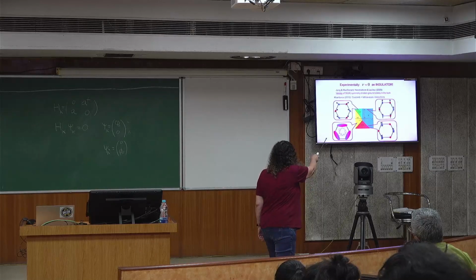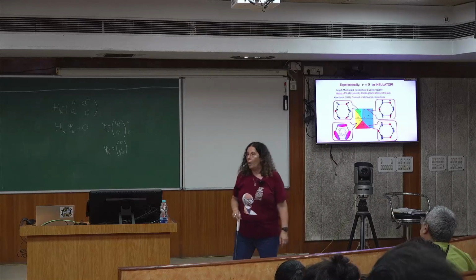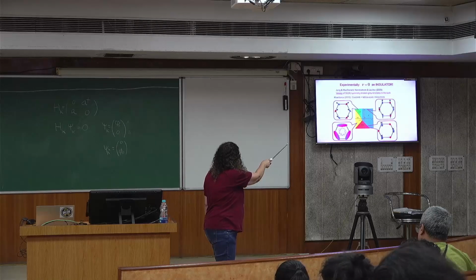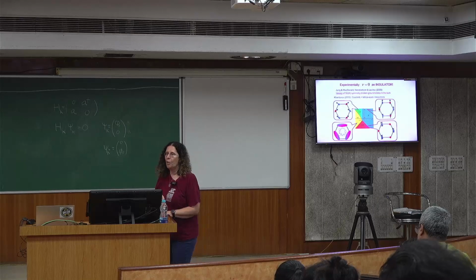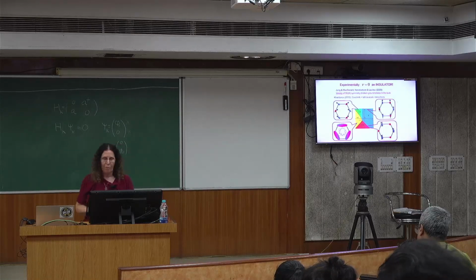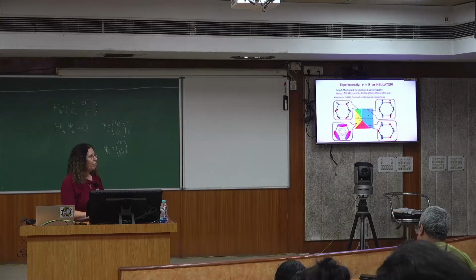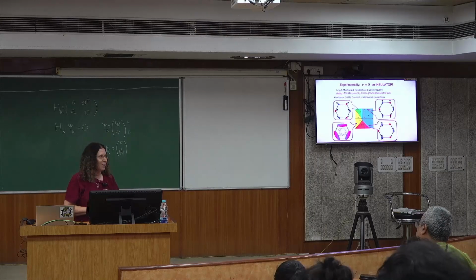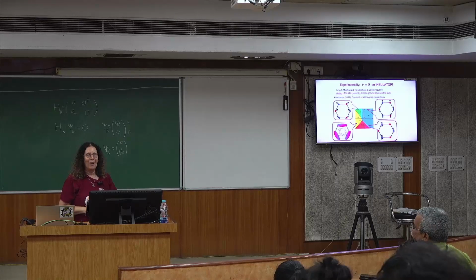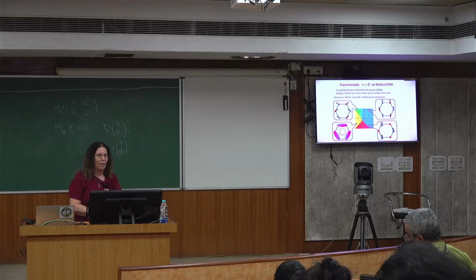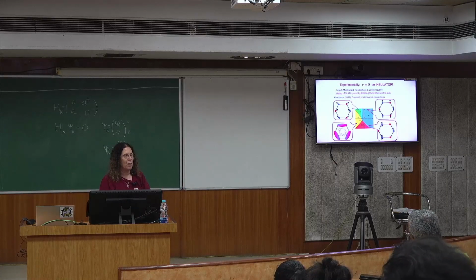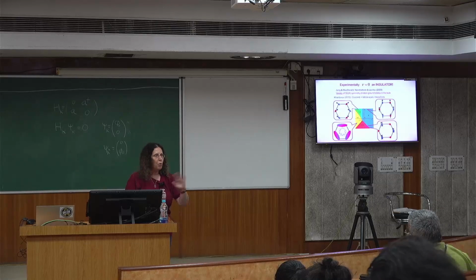In order to see the charge ordered phases, you need to have these parameters be negative, and that's a question, whether in repulsive interactions you can get it, but I'll get to it later. So this is what theory says, at least the simplest theory, the minimal model that accounts for all the possible symmetries.